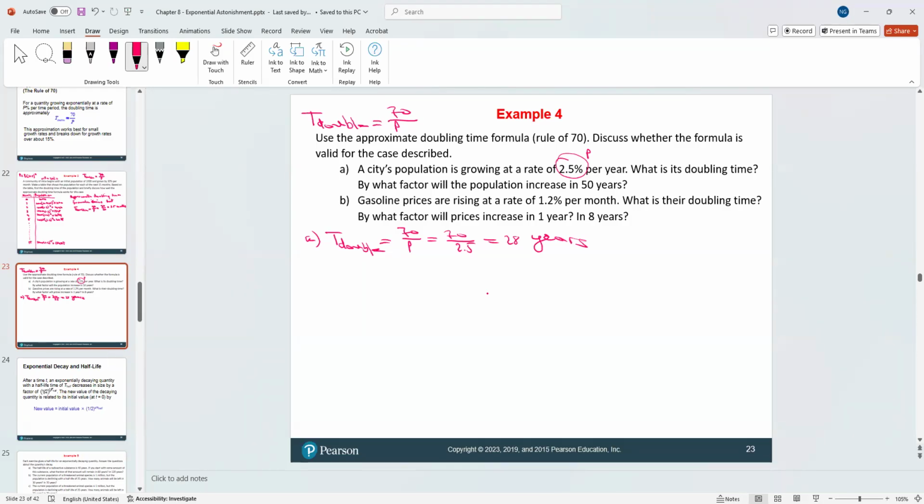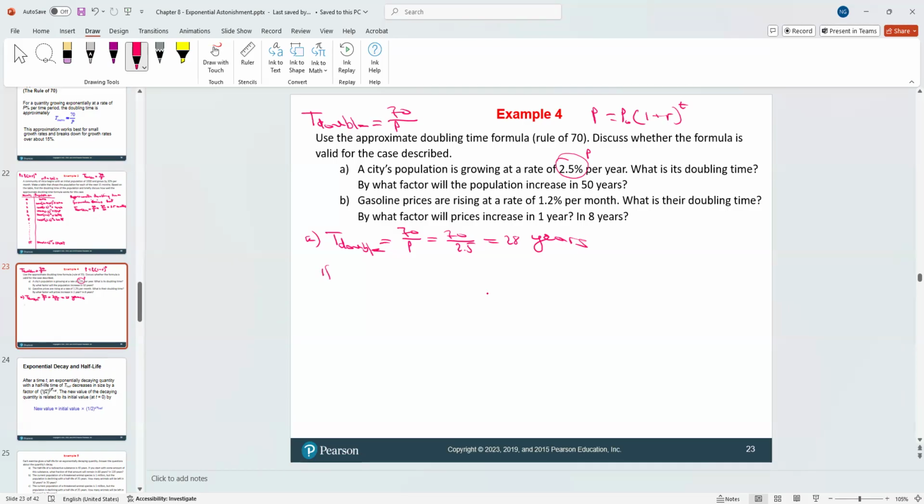Remember, the increase factor would be, remember we said the population equals the initial population times 1 plus the rate, to the power t. By what factor will the population increase in 50 years?